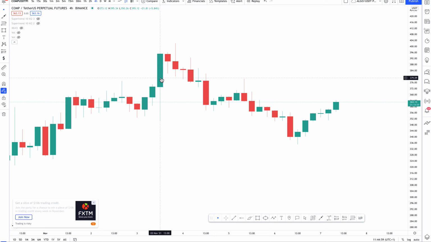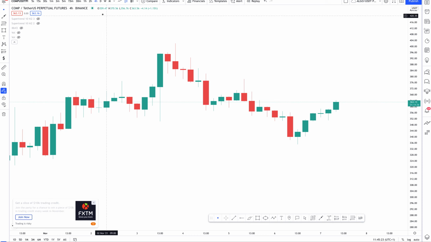The time frame you choose dictates the time period that one individual candle represents.